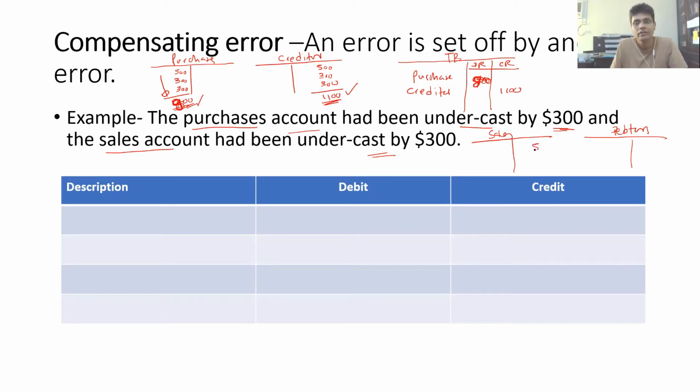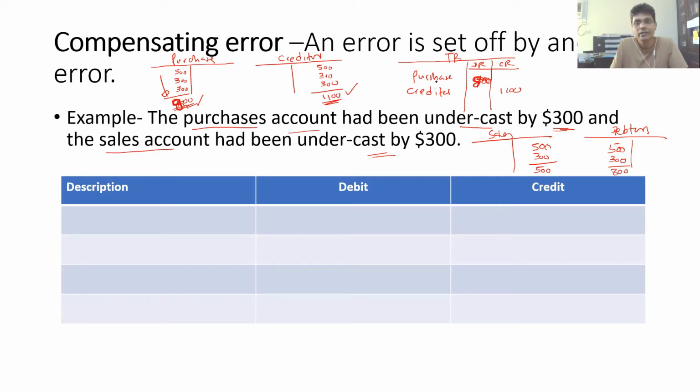Here sales credit 500, debtors debit 500. And again let's say 300 and 300. When you took the total of sales account, it should be 800, no? So you have taken as 500, whereas debtors balance is 800.